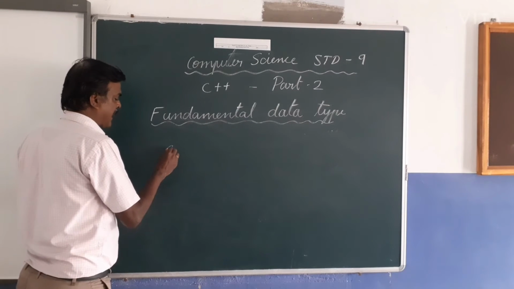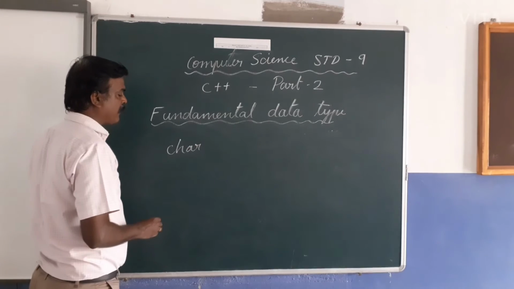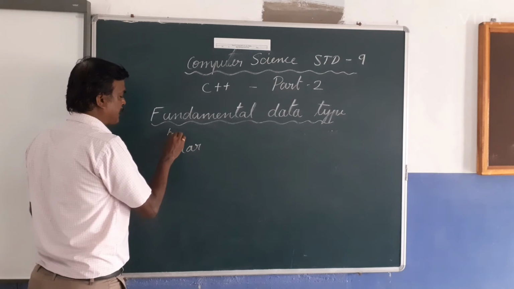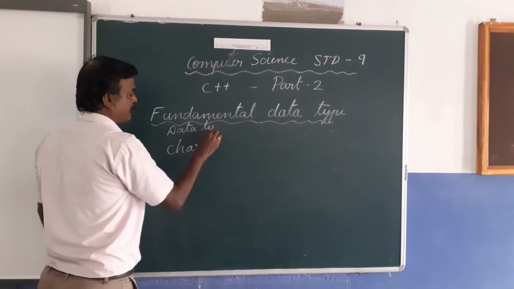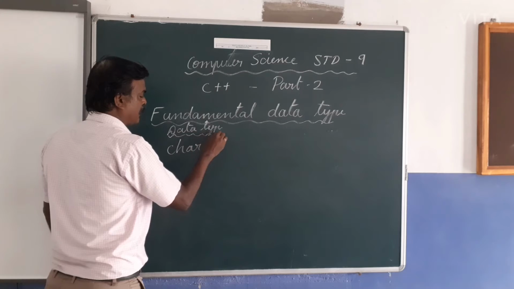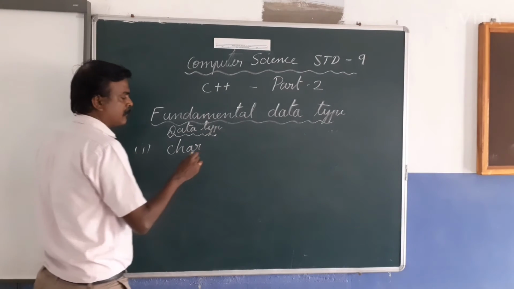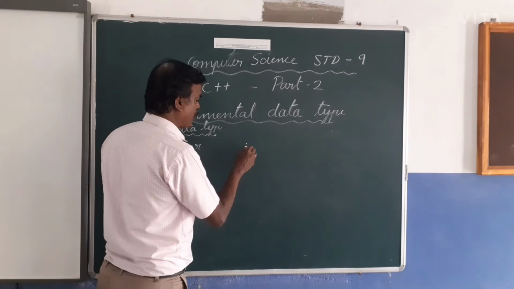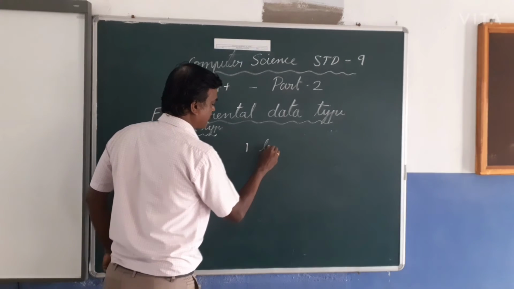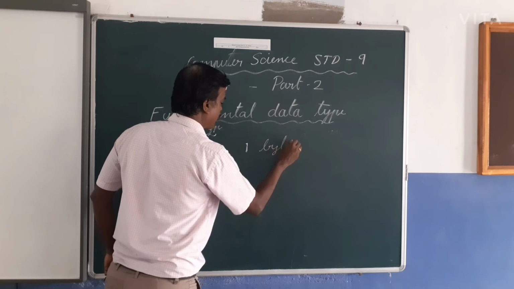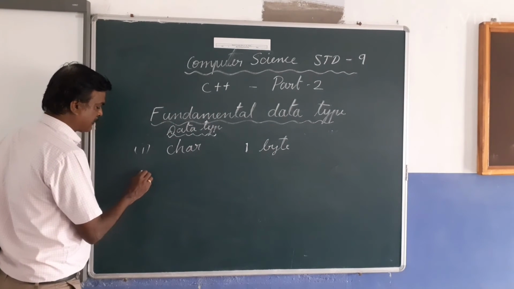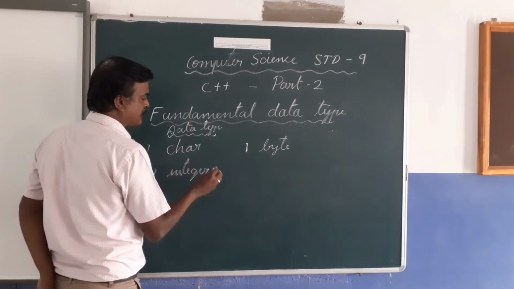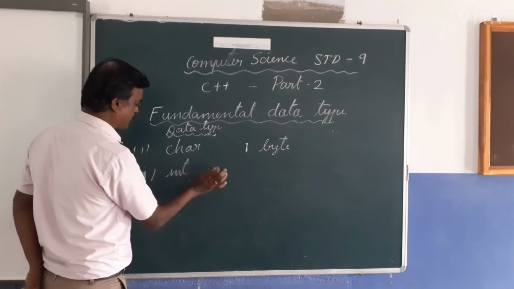One is character. We call it char. That is a data type. Character data type stores 1 byte. Second one is integer, we call it int.